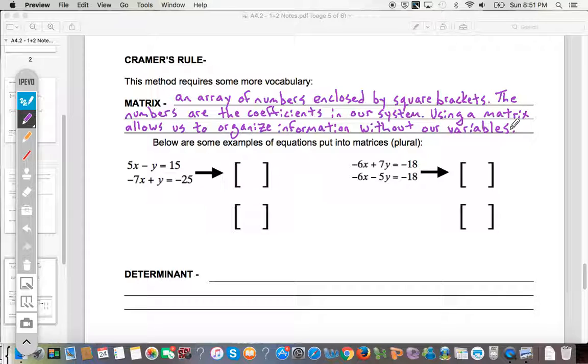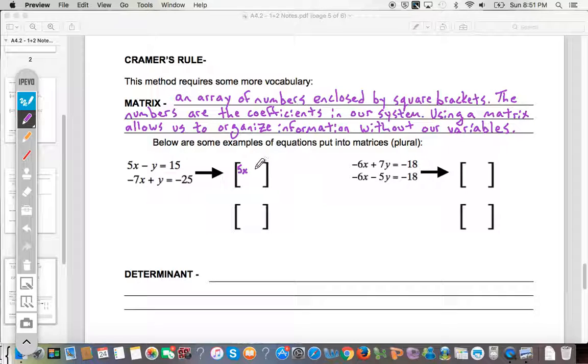Okay, so below are some examples of systems of equations put into matrices. Okay, and of course matrices is just the plural form of the word matrix. Okay, so I'll first plug it in with variables. So I have 5x. I'm just going to go right in order. So I have 5x minus y.